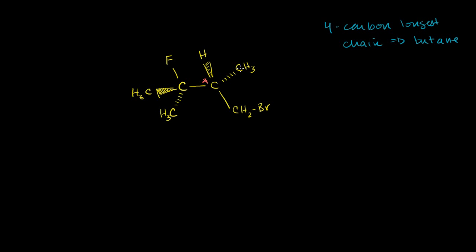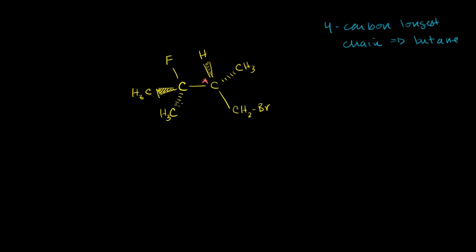So if we used this carbon as part of our longest chain, then this will be a group that's attached to it, which would be a bromo-methyl group, which is not as simple as maybe it could be. But if we use this carbon in our longest chain, we'll have 2 groups. We'll have a bromo attached, and we'll also have a methyl group. And that's what we want. We want more simple groups attached to the longest chain.